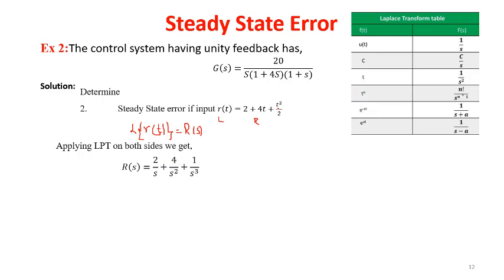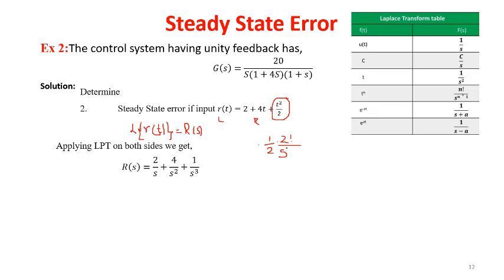Now the Laplace transform of t to the power n. Here we have 1 by 2 times t square. So the Laplace transform of t square divided by 2 will be 1 divided by 2 into 2 factorial divided by s to the power n plus 1.